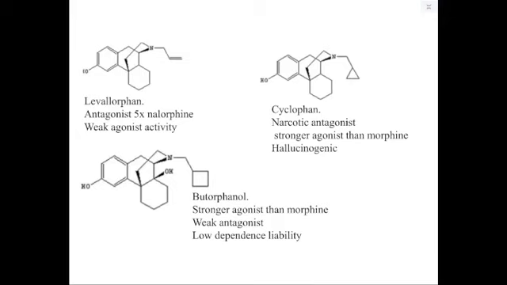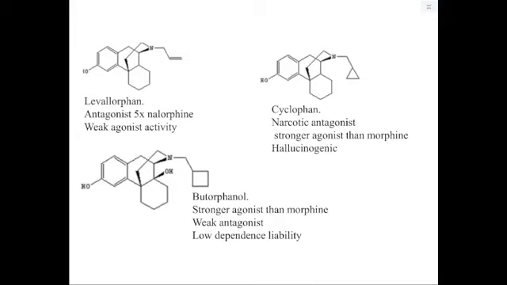I repeat again, between 3 and 5, you decrease the antagonist effect, and therefore you increase the agonist effect, a slight agonist effect. So that's why when you look at butorphanol, it is a stronger agonist, a weak antagonist compared to cyclorphan, because you can see it has 5 carbon atoms there.